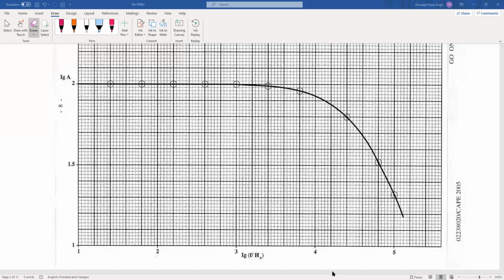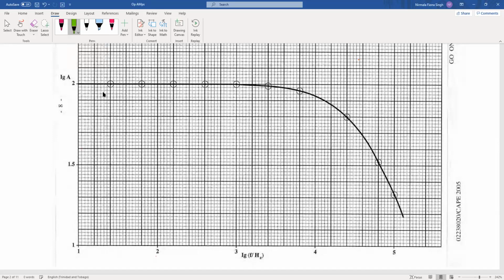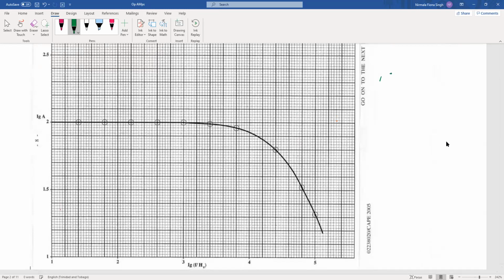They have asked us to find the bandwidth of this curve. Bandwidth is equal to FH minus FL.